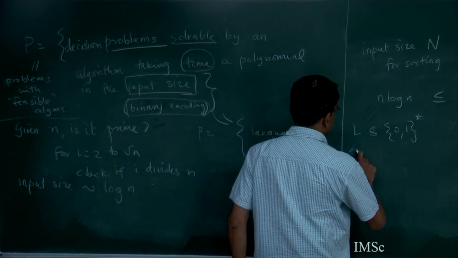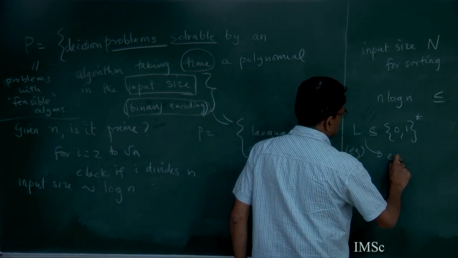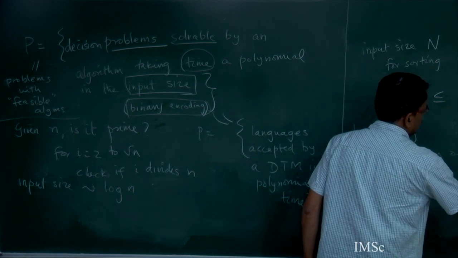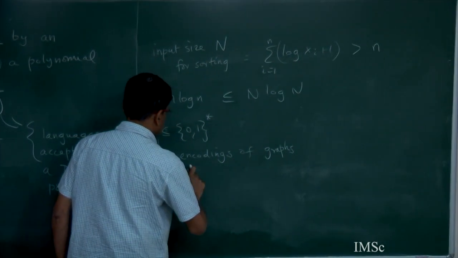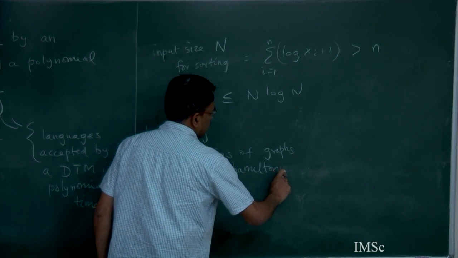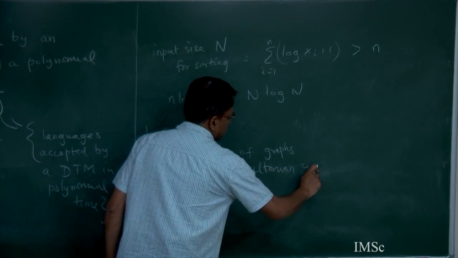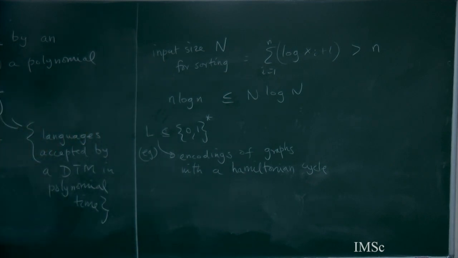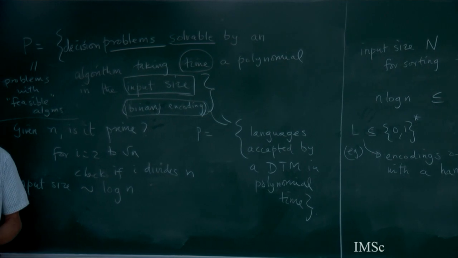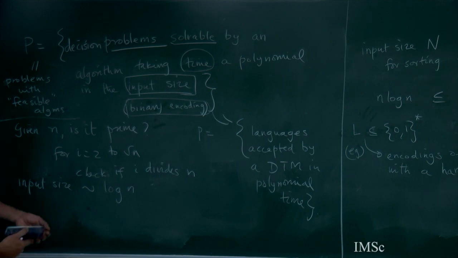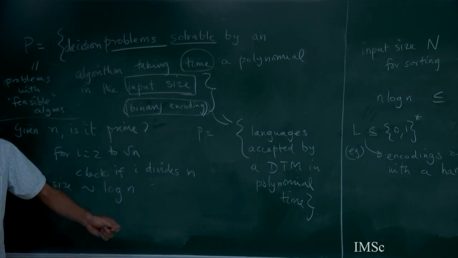Then the Hamiltonicity question, the problem I want to solve, is: given a graph, is it Hamiltonian? That is what I want to know, right? Which is the same as saying, given some encoding of a graph, does it belong to L?